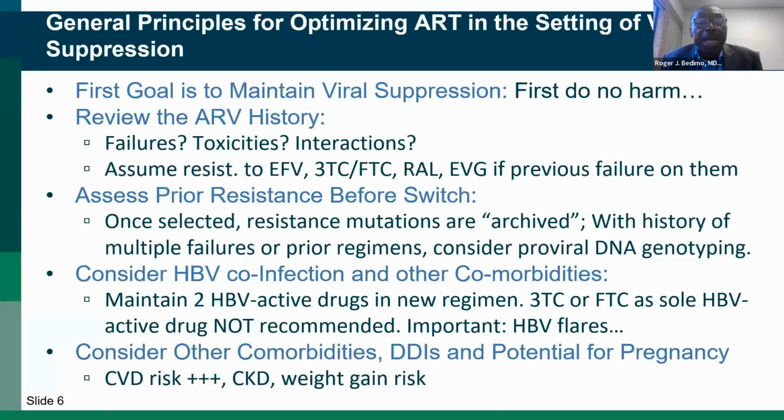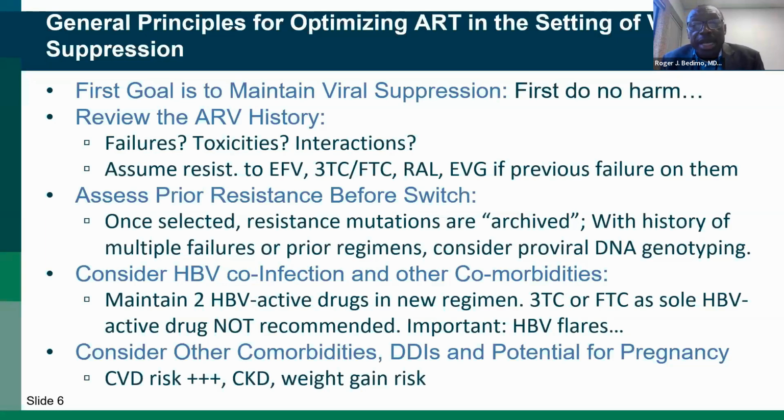So assess prior resistance before you switch, because like Dr. Saag said, that virus that has mutated infects cells, and those cells may go dormant, and those mutations are, quote unquote, archived. So with a history of multiple failures, you may need to consider additional testing like proviral DNA to find out whether you may have those archived mutations.